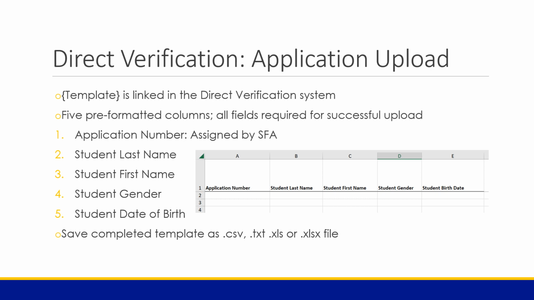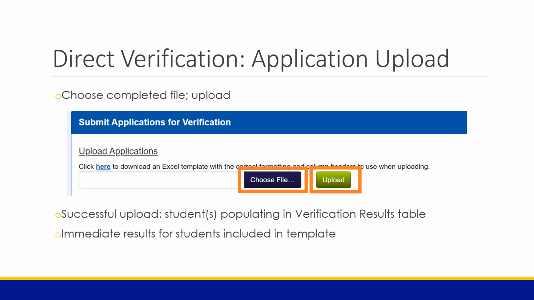Save that completed file as a CSV, a text, or an Excel file before uploading into the system. Like the other upload functions or screens in the DC system, the same appears for direct verification, where you select the completed file and then click the green upload button.